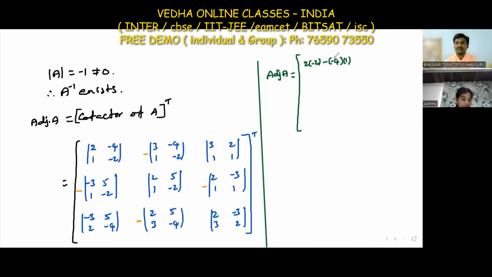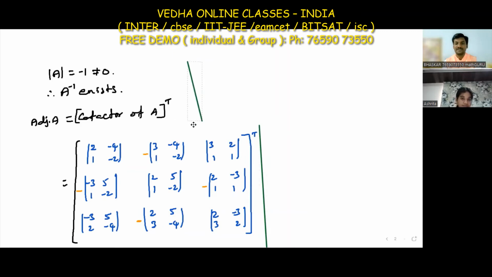We will take some extra place for the first line. Adjoint A is equals to 2 into minus 2 minus 4 into 1, minus half.